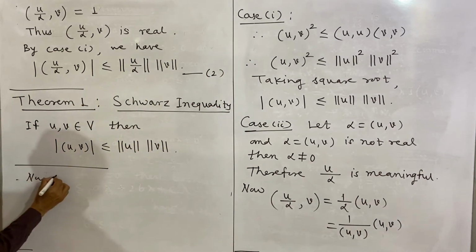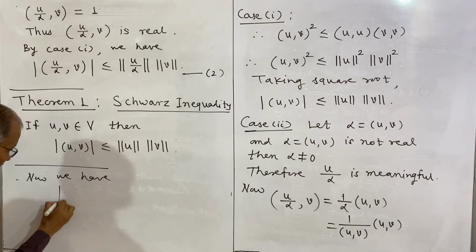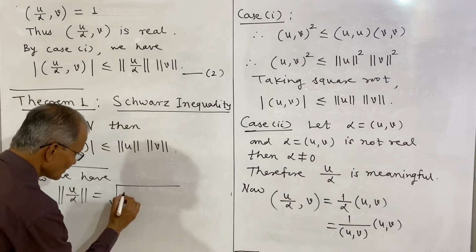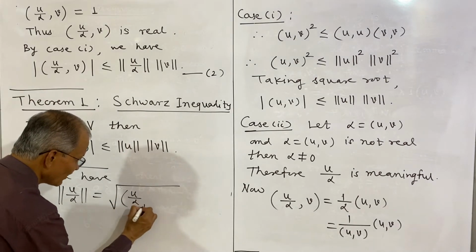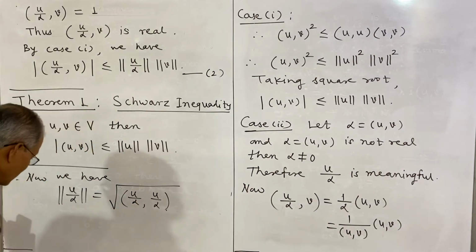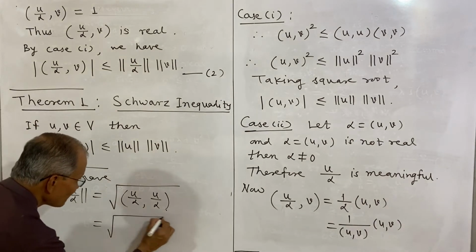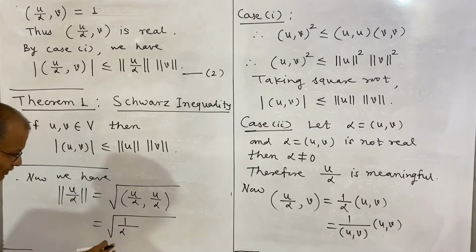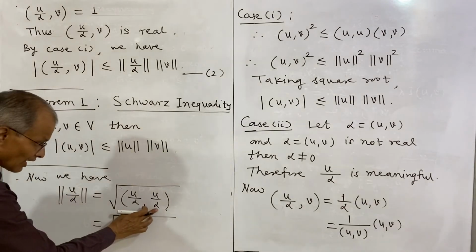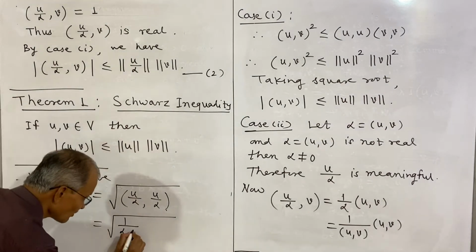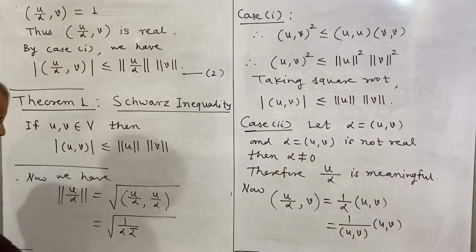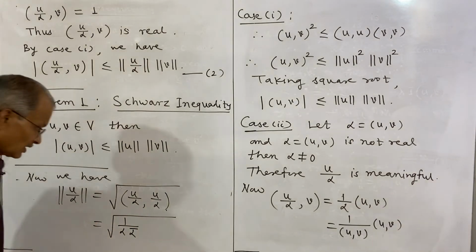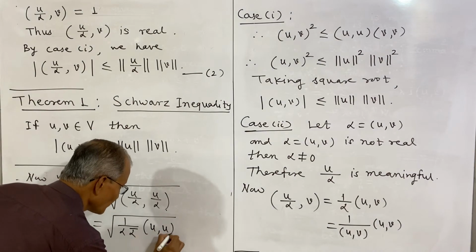Now we have the norm of u upon alpha, which is equal to the square root of the inner product of u upon alpha with u upon alpha. Using the linearity property, alpha outside becomes 1 upon alpha, but the alpha taken from the second vector of the inner product becomes conjugate alpha, and it is the inner product of u and u.